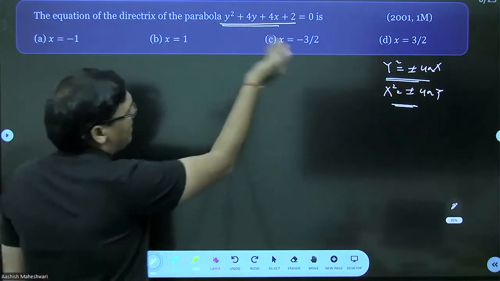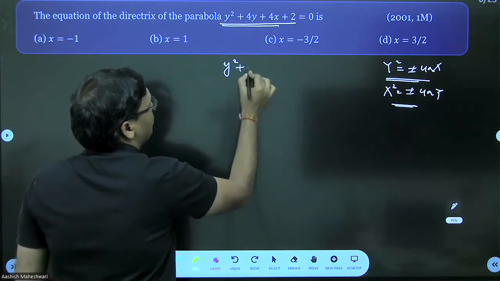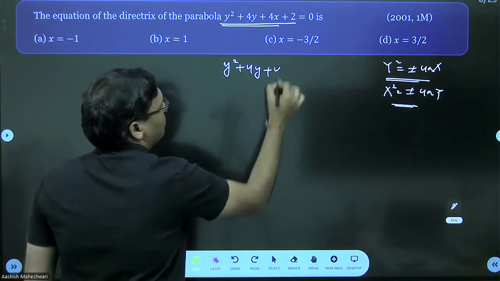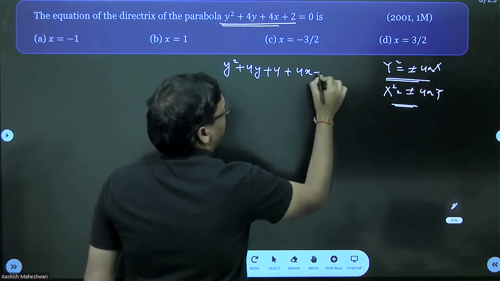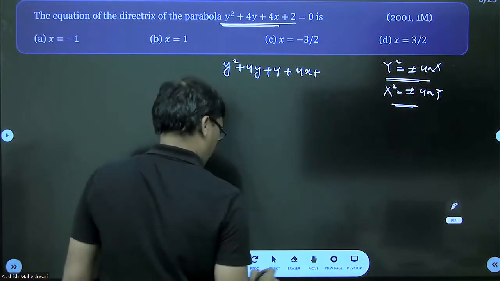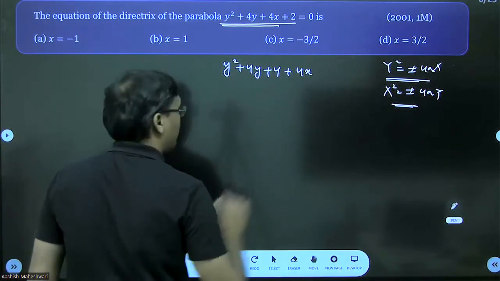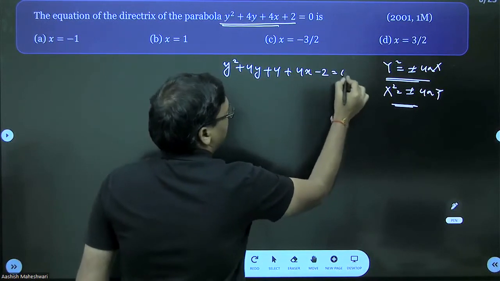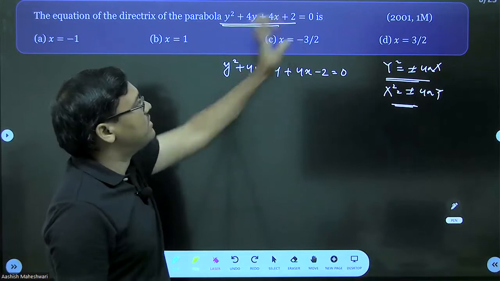You can clearly see it's very easy to make perfect squares here. This is y² plus 4y plus 4, minus 4x, minus 2. Can I write this? I have written y² plus 4y plus 4 minus 2.